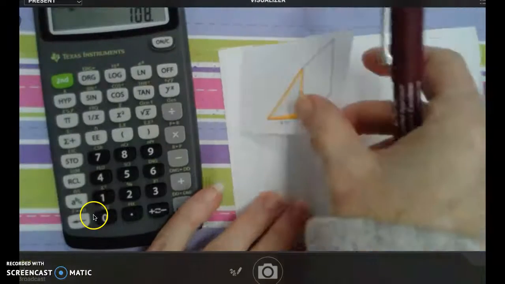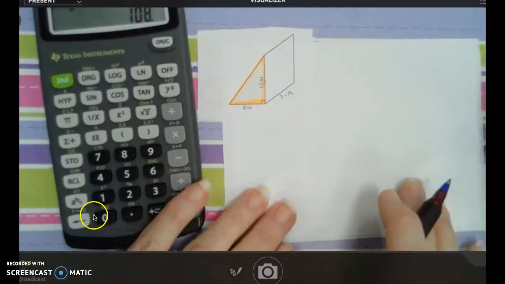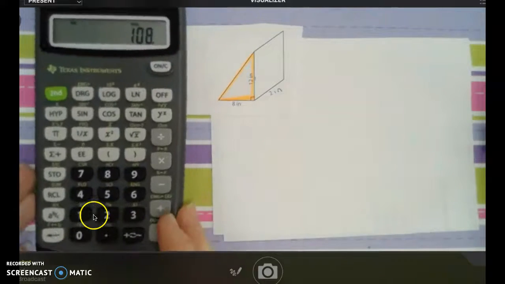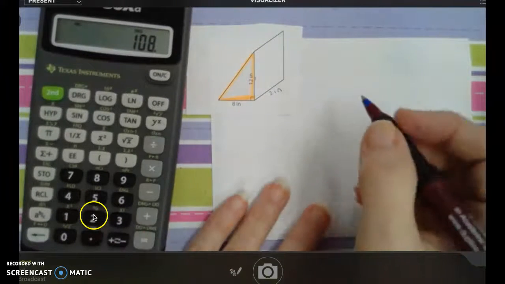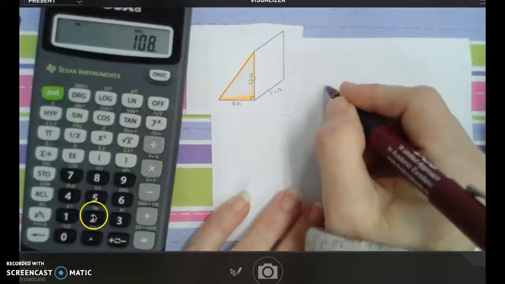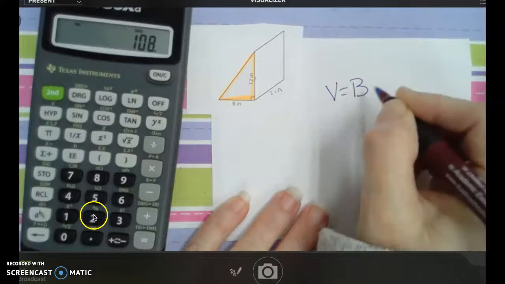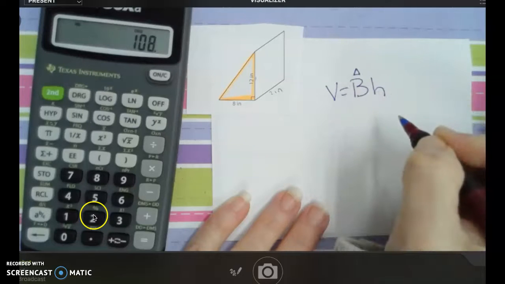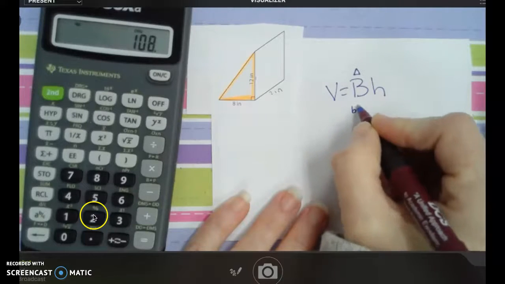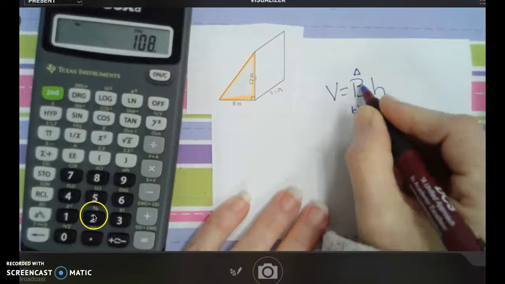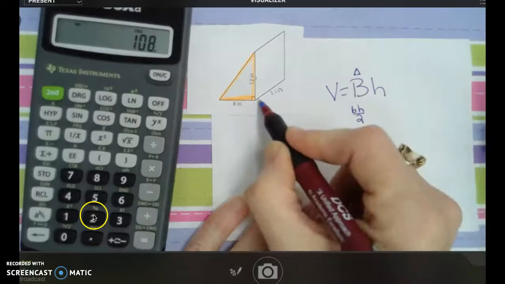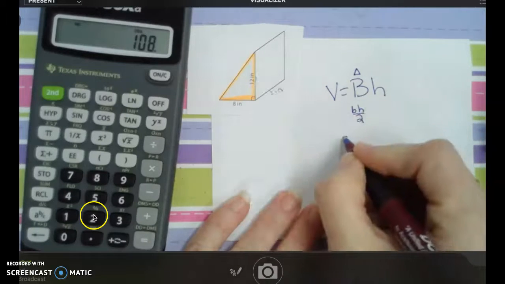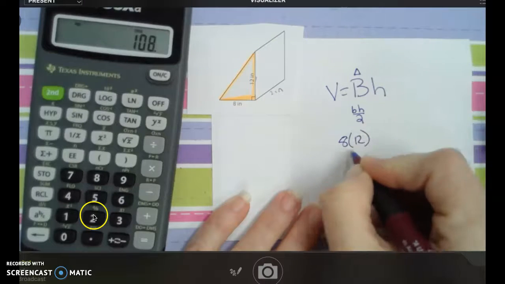All right, again, I'm not going to try to draw them because that would not be recognizable if I drew them. So we've got the area of the base times the height. Remember, the base is actually a triangle, okay? So we're going to do base times height divided by 2. That means the area of the base. So we're going to do 8 times 12 and divide that by 2.